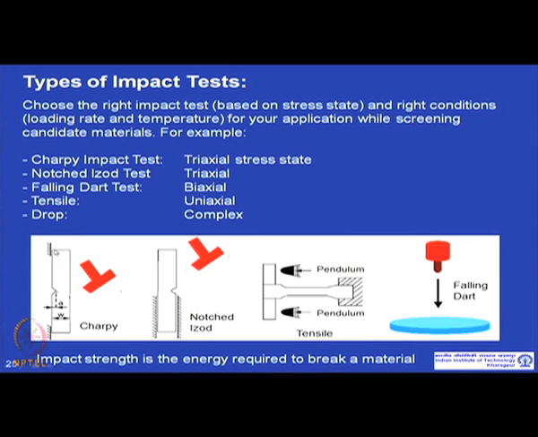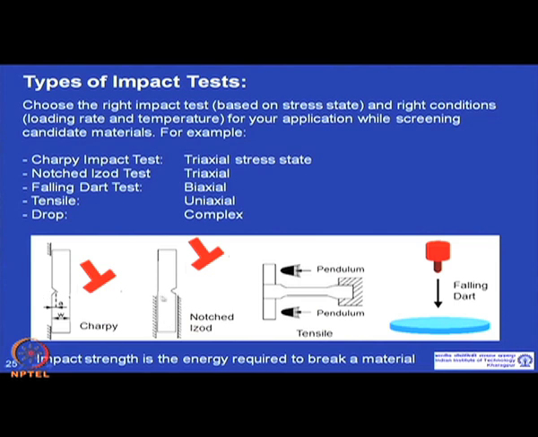The Charpy test is shown here schematically. You have a sample clamped on both sides, with a notch on the other side, and you hammer it and find out the energy required to break the material.